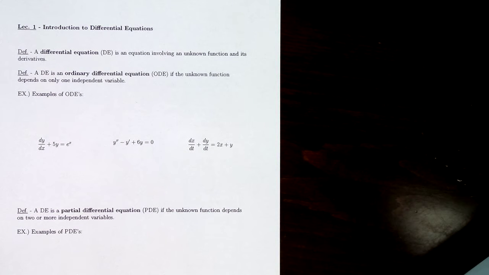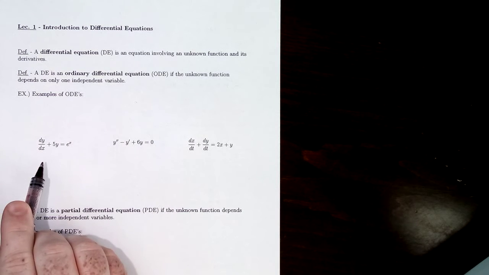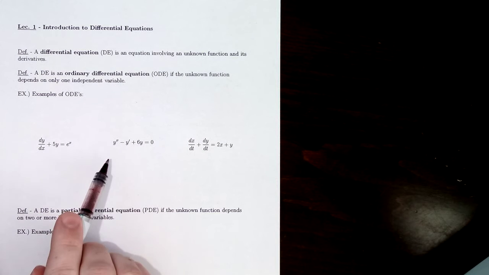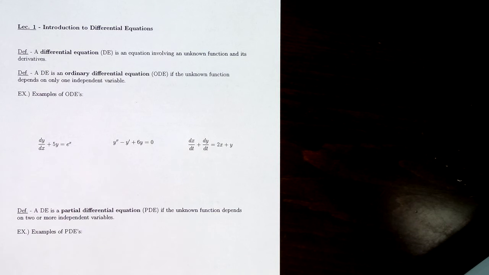Let's go ahead and go over some examples of ordinary differential equations. So for the first example, we have dy/dx plus 5y equals e to the x. And the second example, we have y double prime minus y prime plus 6y equals 0.